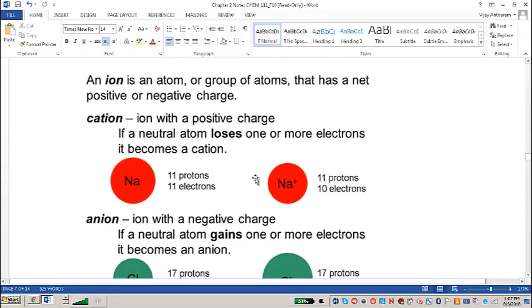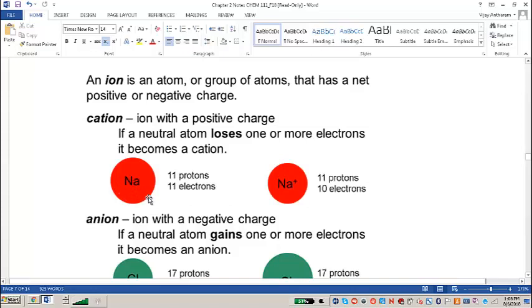All right, so ions are charged particles. Let's beat this point again. Hopefully this should be a review and should be second nature by now. Sodium, right off the periodic table, has 11 protons and 11 electrons. Sodium ion, by virtue of losing an electron, becomes plus, and it now has one less electron, or 10 electrons.